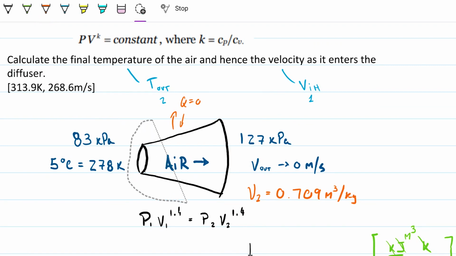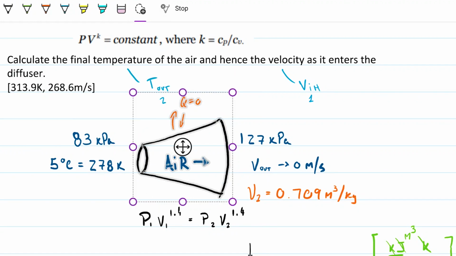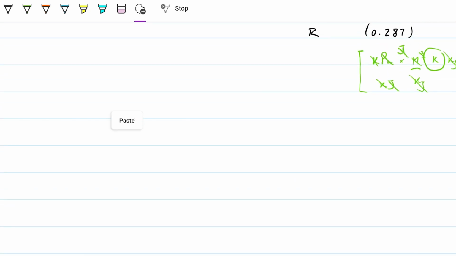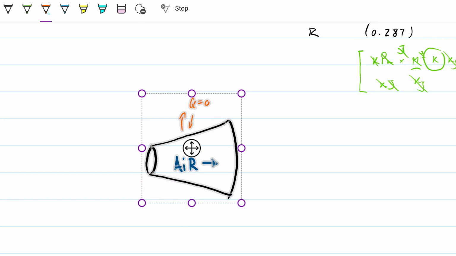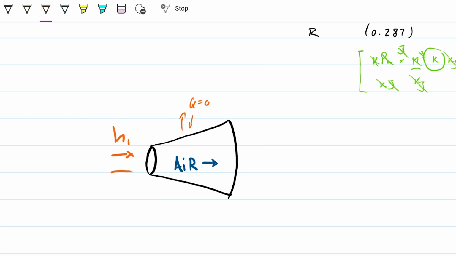So basically what we do is we grab this here and copy that, and we say that what is entering here is the enthalpy of my state 1 and the kinetic energy of my state 1. What is leaving here is the enthalpy of state 2 and the kinetic energy of state 2. And that's pretty much it because there's nothing else happening here.